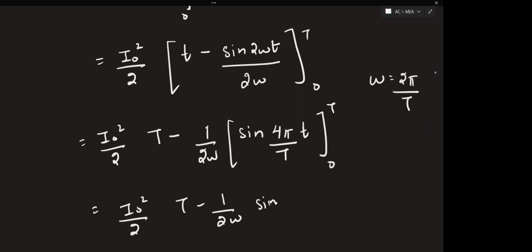Firstly it will be T, so T and T will get cancelled. This becomes 4 pi minus, second time this will become 0. Lower limit will also be kept, that becomes sine 0.